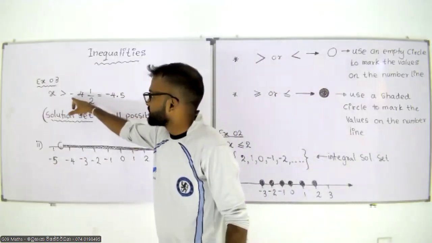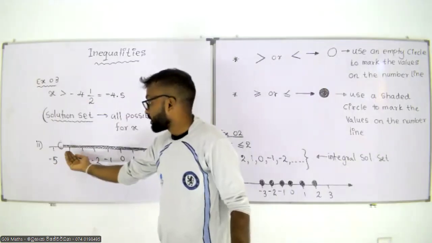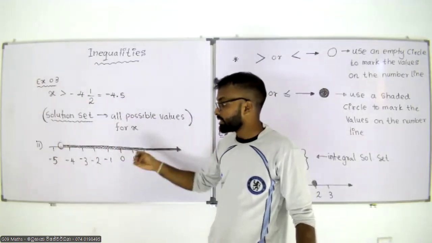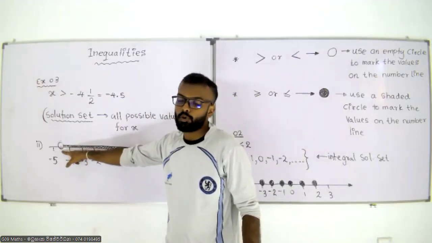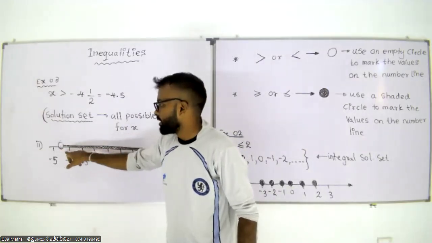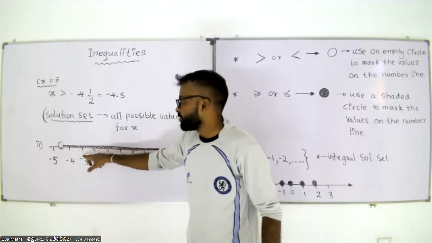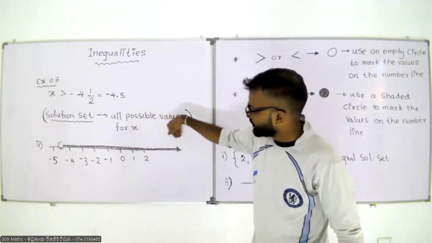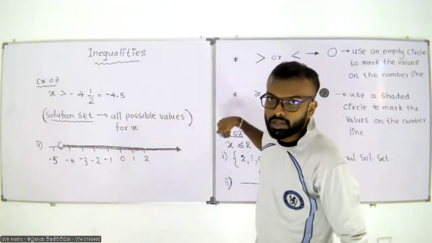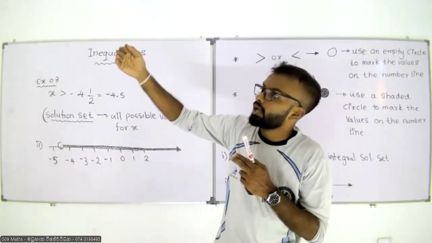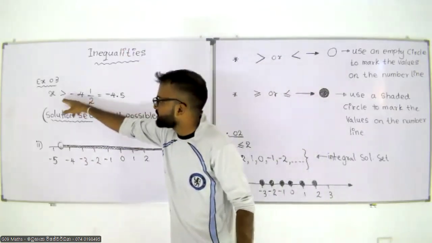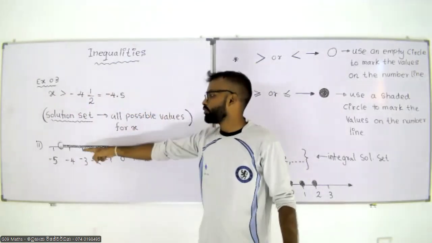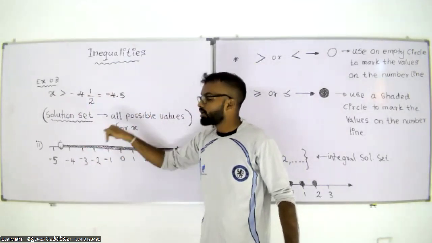So x is greater than negative 4.5. Greater than means all the values to your right hand side are greater than negative 4.5, because negative 4 is greater than negative 4.5, negative 3 is greater than negative 4.5, and so we are traveling to the positive side of the number line. The values are getting bigger and bigger. So this is how we represent the solution on a number line.